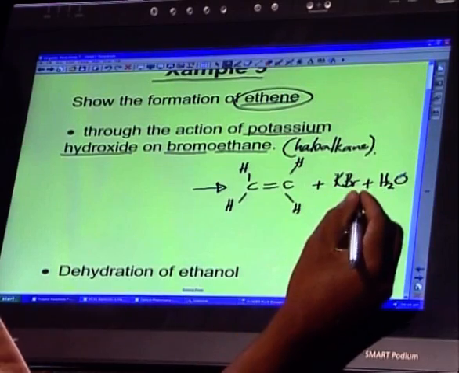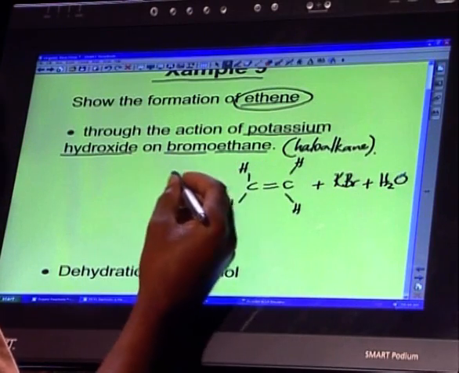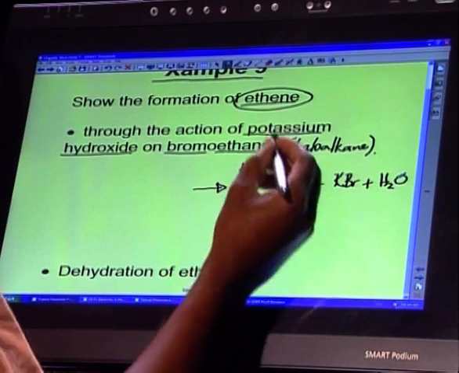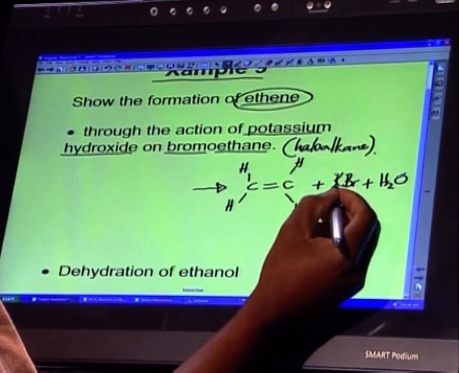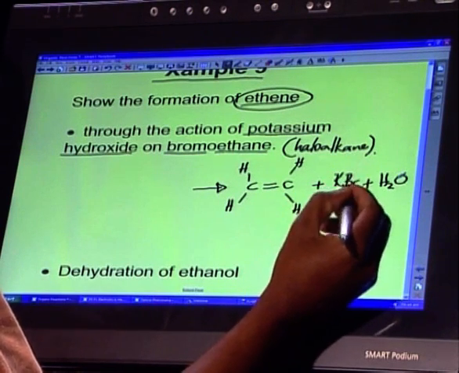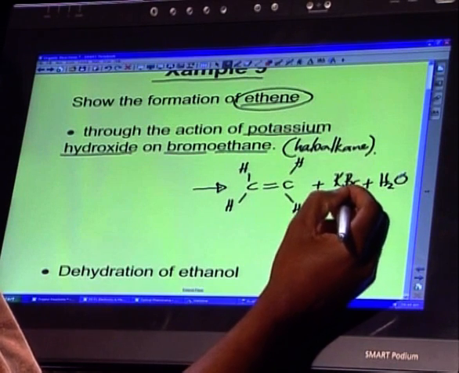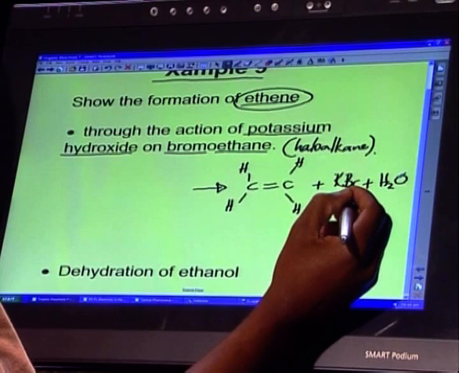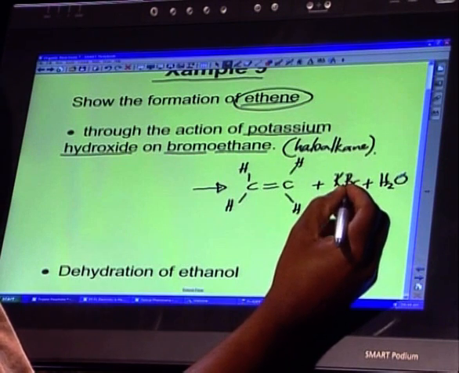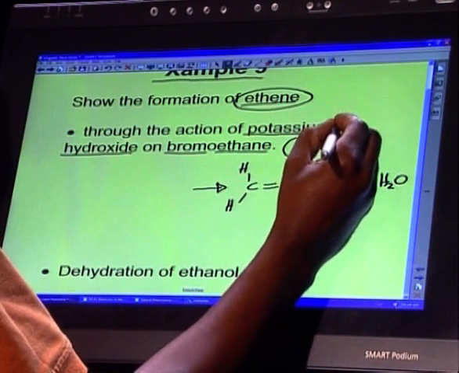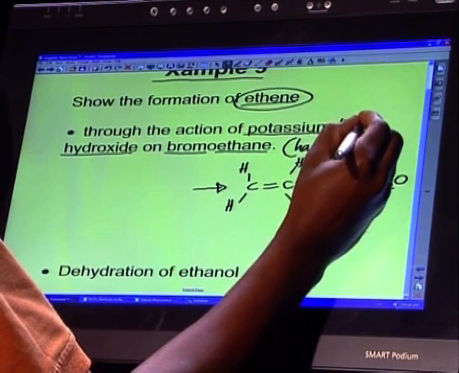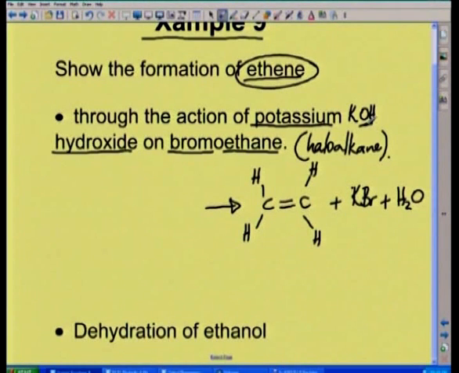Why am I writing it like this? I know that what is given to me is the ethene molecule that is going to be formed, but there is the potassium here. It's going to likely take up the bromide, the halide there, to form the potassium bromide. And what I also know is that I've got an alcohol, potassium hydroxide, KOH. Definitely that OH there, if it comes together with hydrogen, it's going to give me a water molecule.